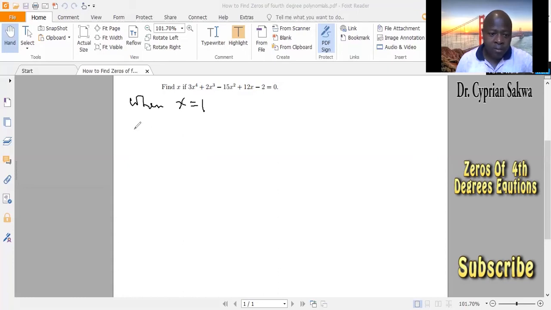So this would be 3 times 1 raised to 4 plus 2 times 1 raised to 3 minus 15 times 1 raised to 2 plus 12 times 1 minus 2. You can just use a calculator. This will be 3 plus 2, which is 5, minus 15, that gives you negative 10. Negative 10 plus 12 gives you positive 2. Positive 2 minus 2 gives you 0.